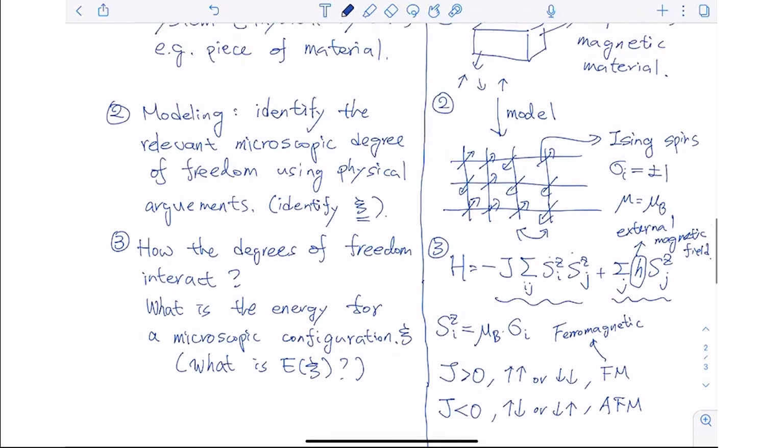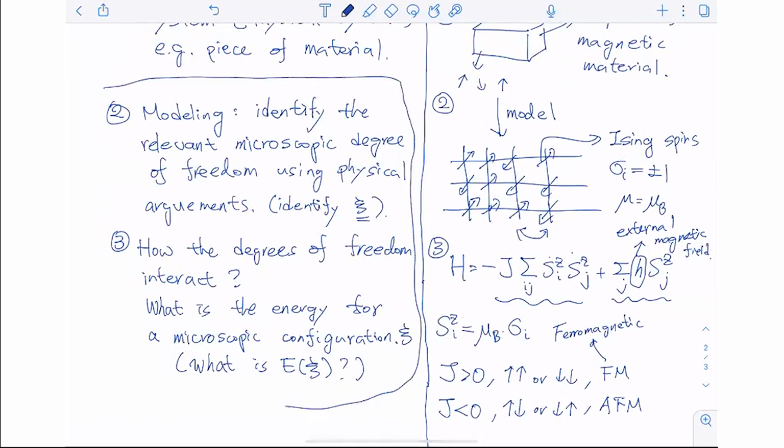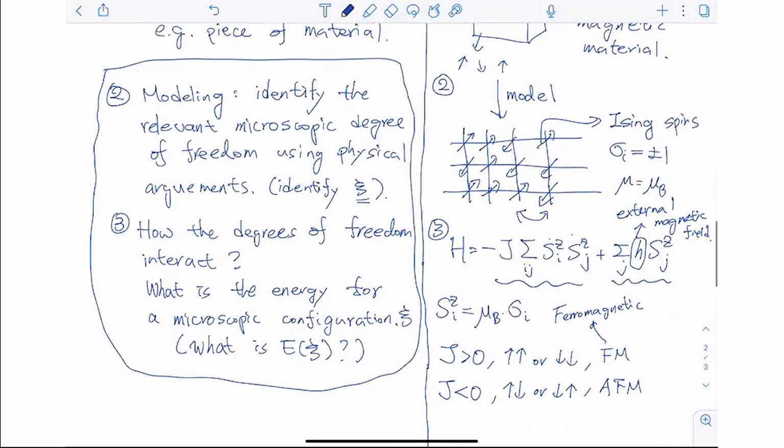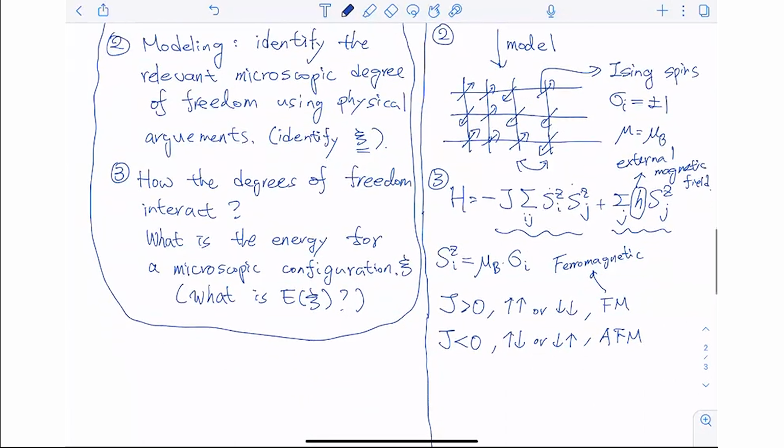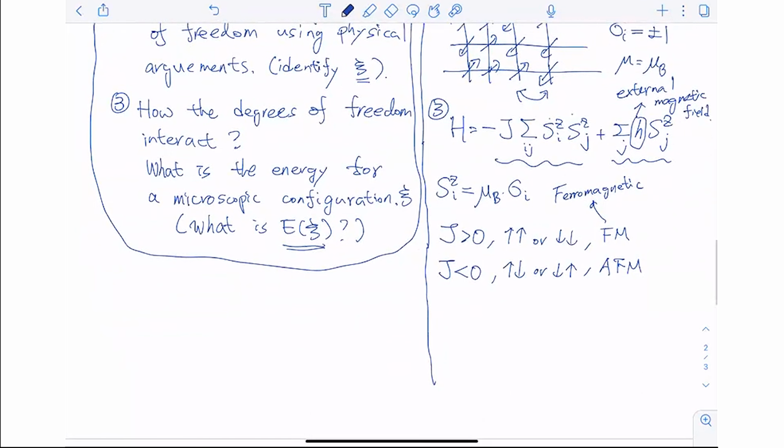So 2 and 3 are basically a pack, because once you identify what are the corresponding microscopic degrees of freedom and you specify how they interact, that basically tells you what is the energy for each microscopic configuration.